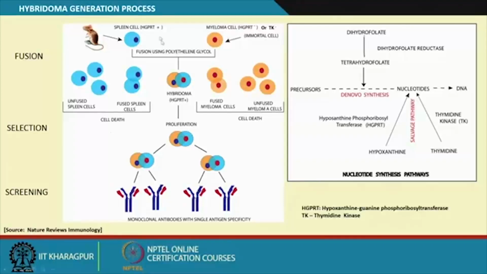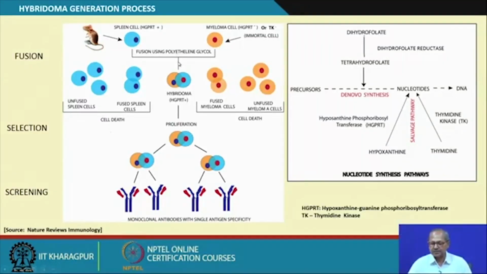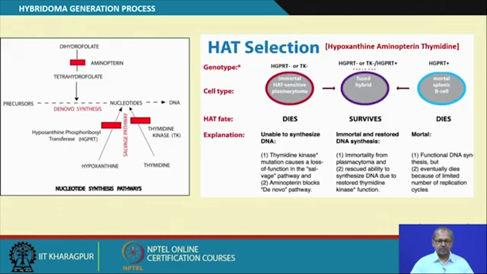Now, how to select this? As I already mentioned, blocking of DNA synthesis could be one of the best strategies for the selection. For this, HAT selection media is used. What is the composition of the HAT selection media?